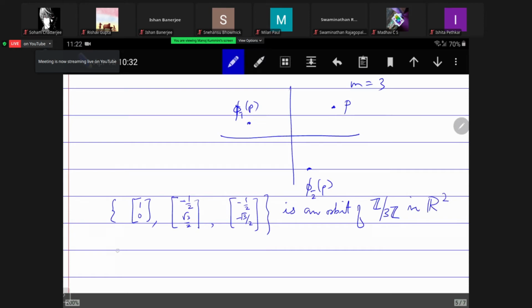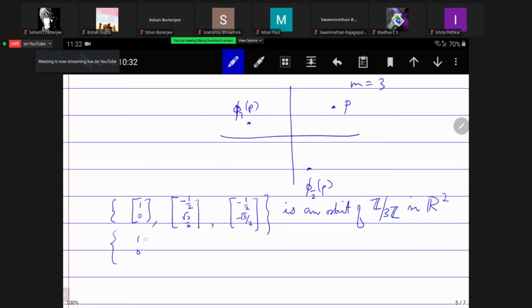But (1, 0), (0, 0), and whatever else you want, is not an orbit of Z mod 3Z in R2. Do you see the distinction between these two sets and why one is an orbit and the other one is not an orbit?